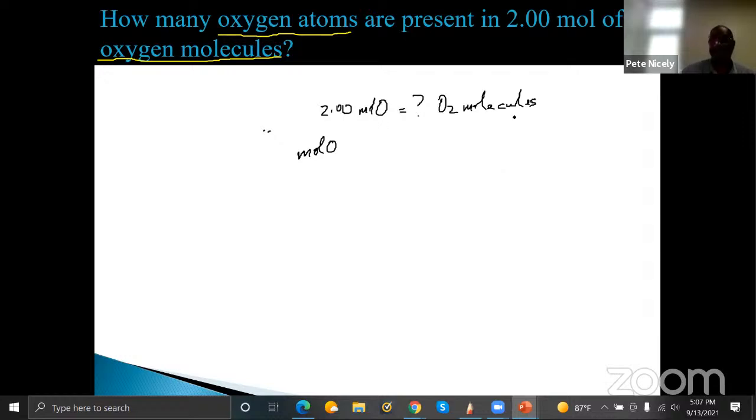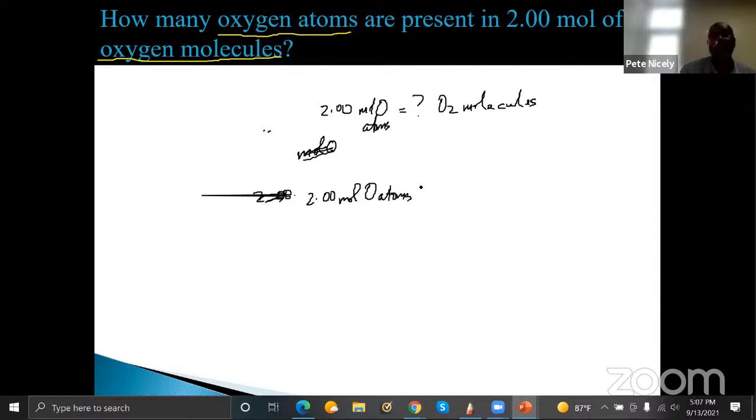Okay, for here, this should be moles of O2 atoms. And the question is asking for the amount of oxygen molecules. So I'm going to start off with 2.00 moles of oxygen atoms.